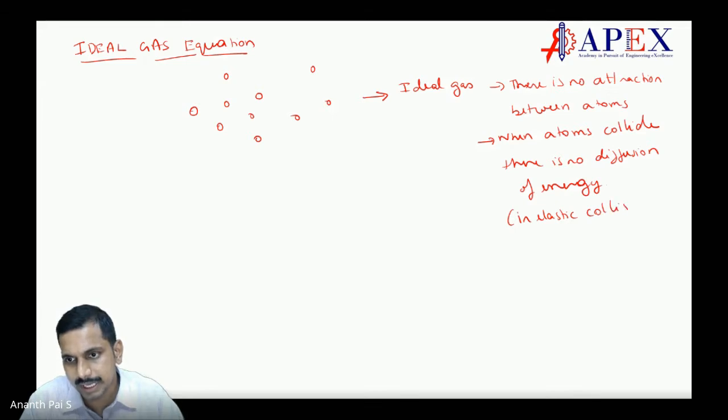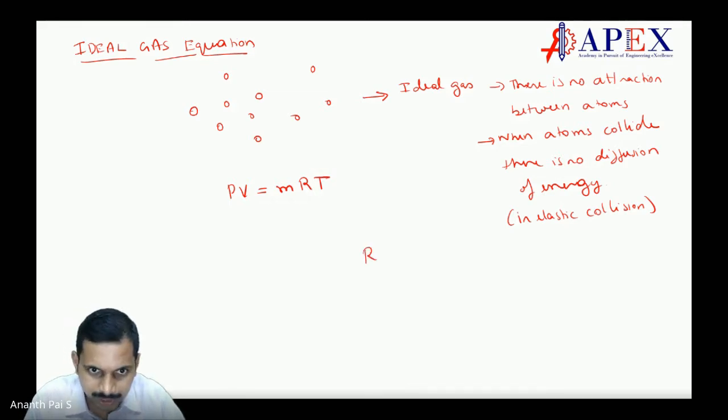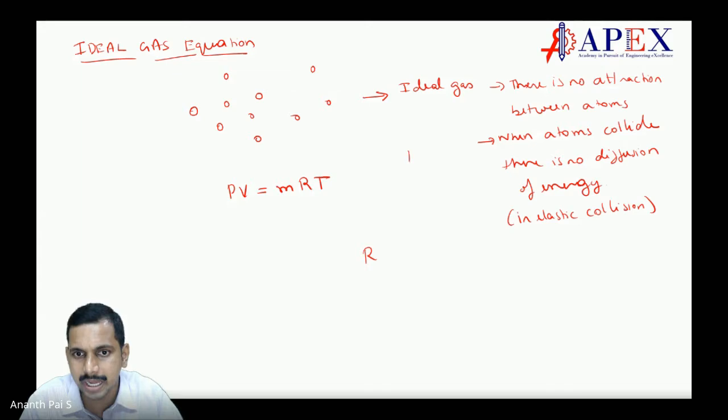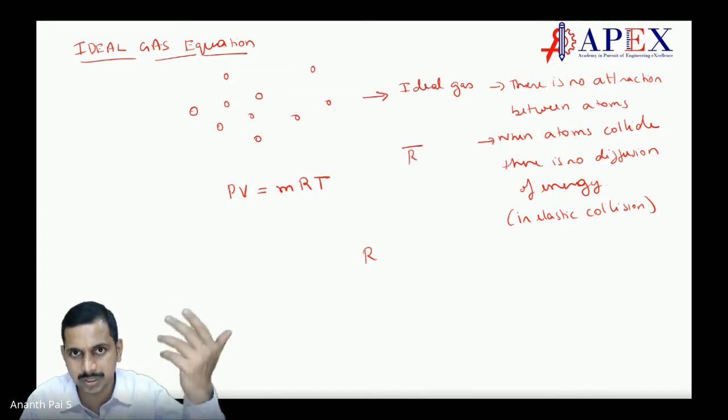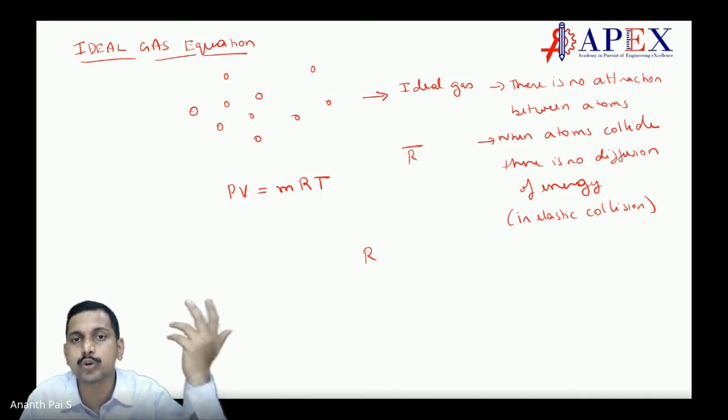It is an inelastic collision. This makes an ideal gas. Fine. So if it is an ideal gas, PV is equal to mRT. What is this R? R is the characteristic gas constant. I'll use R bar for the universal gas constant.